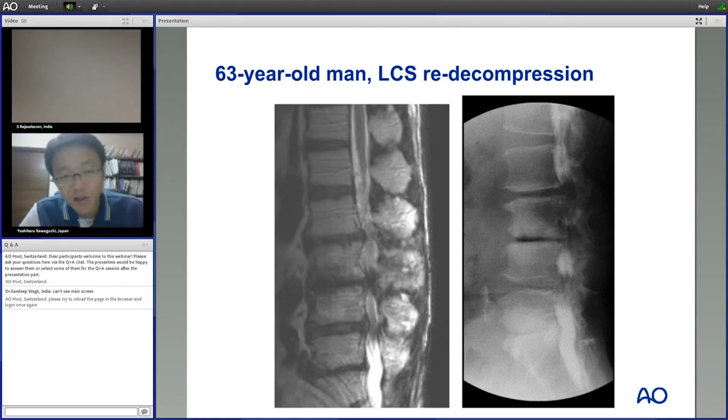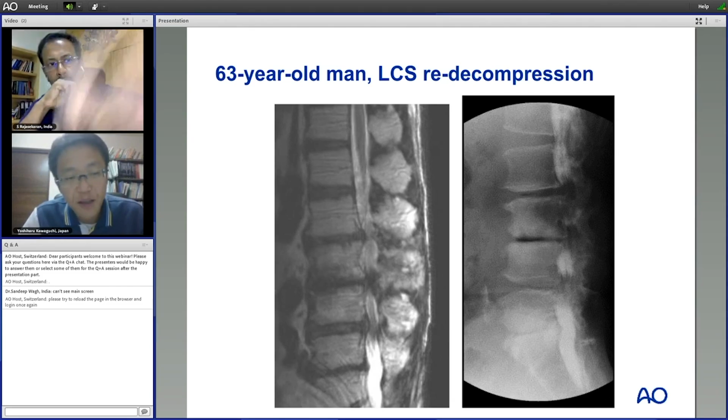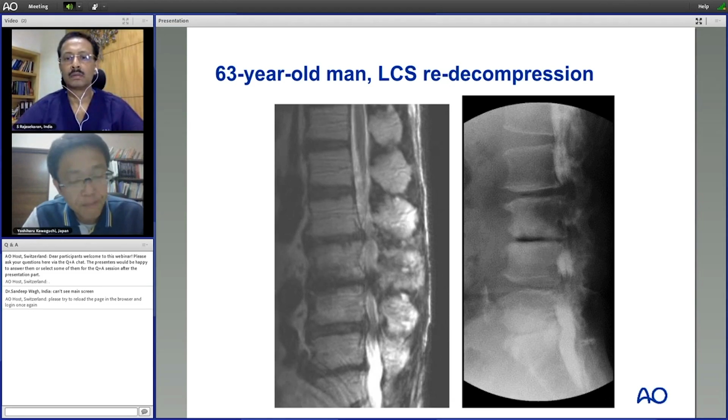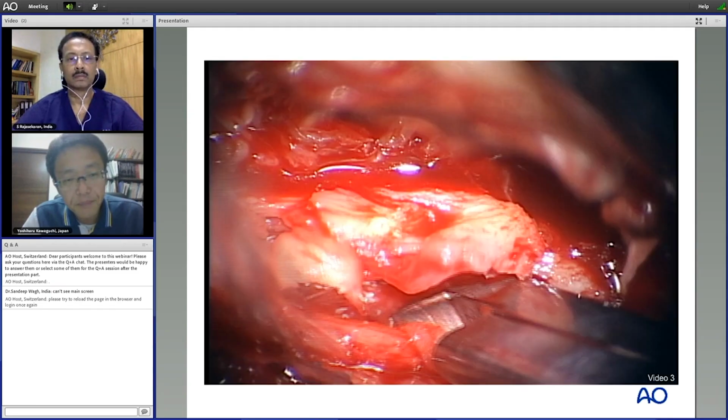This is another case. A 63-year-old man with lumbar canal stenosis, decompression, multiple back surgeries. So the rongeur for reoperation is very dangerous. Please watch the video very carefully.